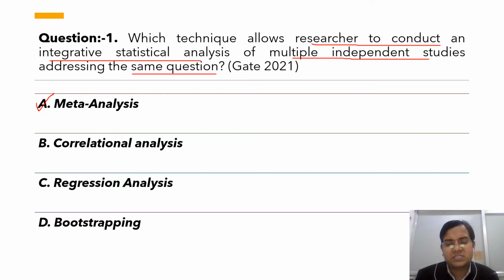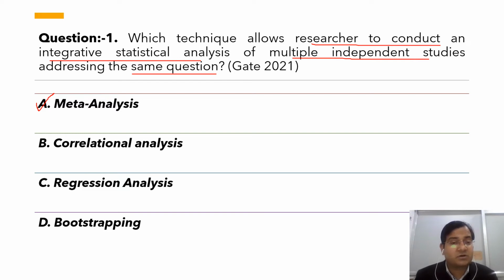Because in correlational research, we just identify the correlation between our variables. It may be two, or if it is multiple correlation, obviously there are more than two variables. There are several independent and one dependent variable in multiple correlation.